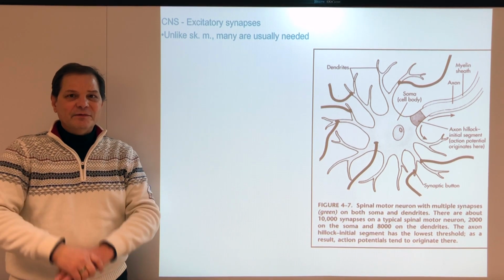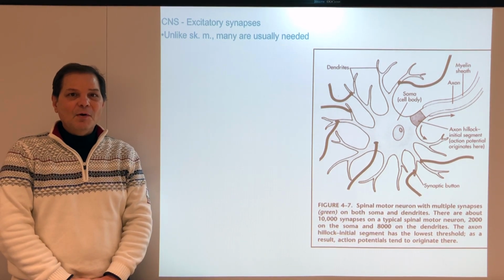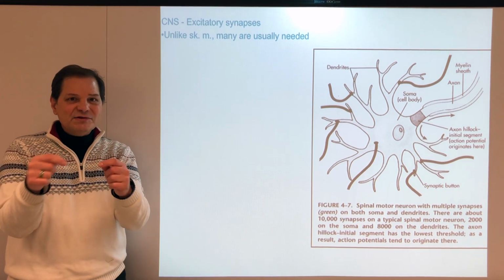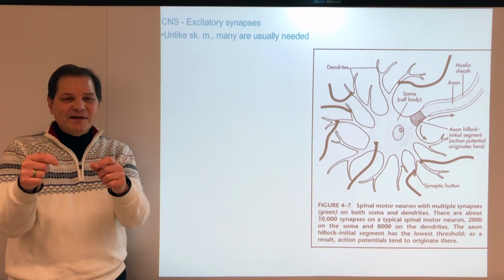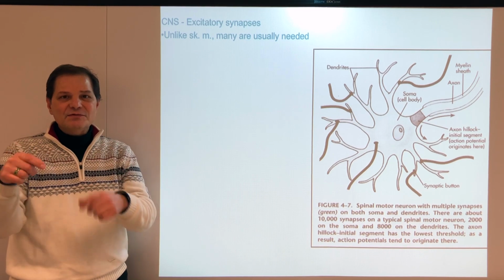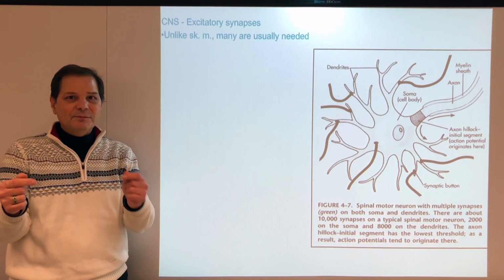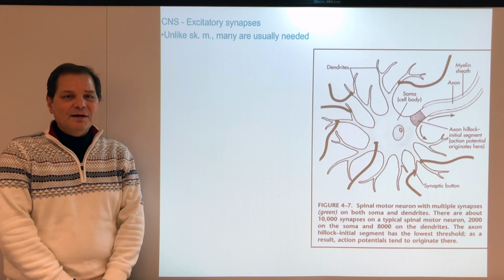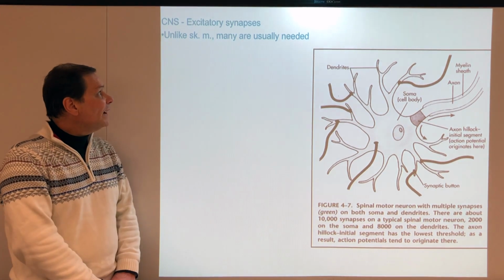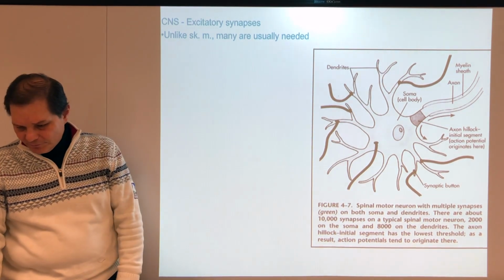Instead, you have a process of summation going on, which I'm going to describe in a moment, so that if you get a bunch of inputs and they excite the membrane enough, then you'll hit threshold and you'll fire an action potential. If there aren't enough inputs, then it'll be subthreshold, okay? And they won't fire an action potential.